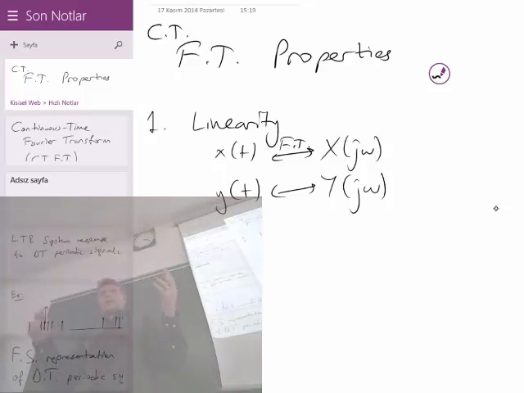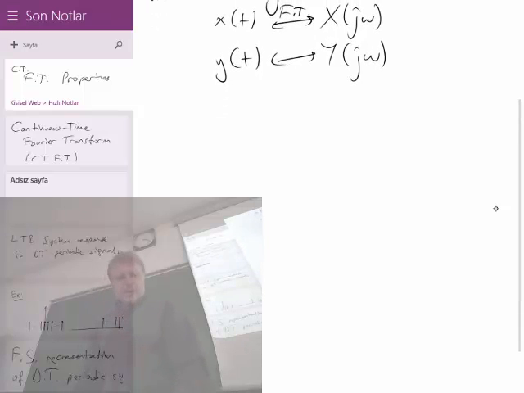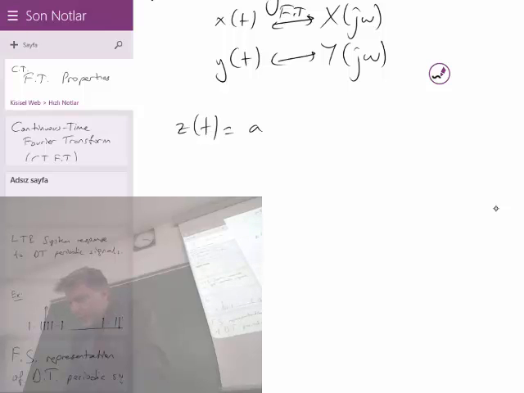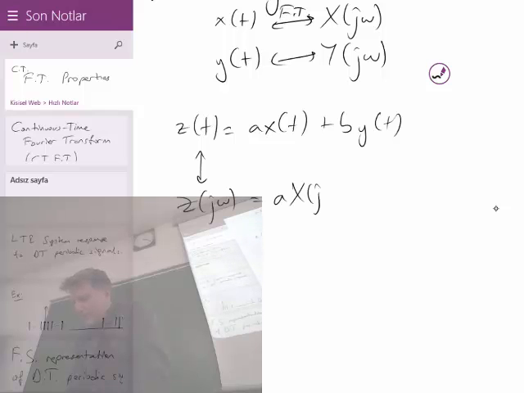So x of t and X of j omega form a Fourier transform pair. Then, if you say z of t is equal to a times x of t plus b times y of t, then the Fourier transform, capital Z of j omega, will be equal to a times X of j omega plus b times Y of j omega. So the Fourier transforms are also combined. Or if you scale the signal, then the Fourier transform is scaled by the same value. That is the linearity property.